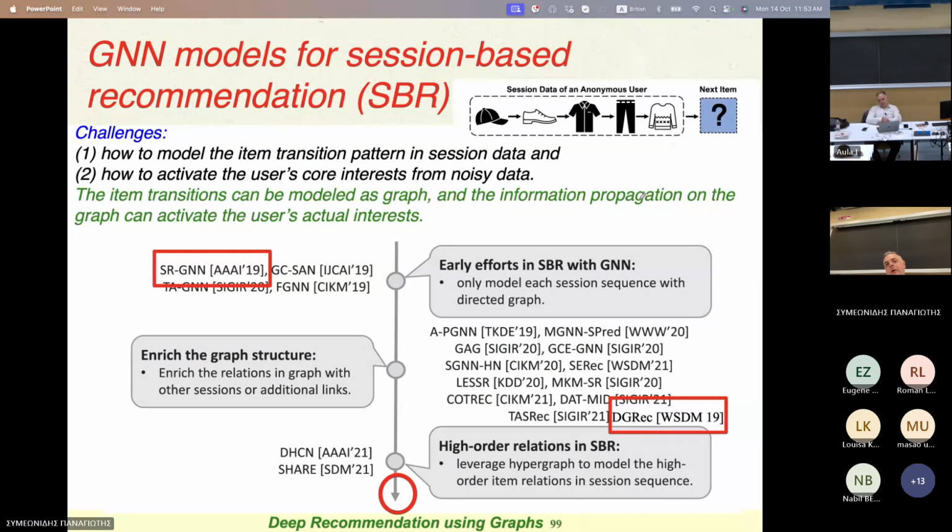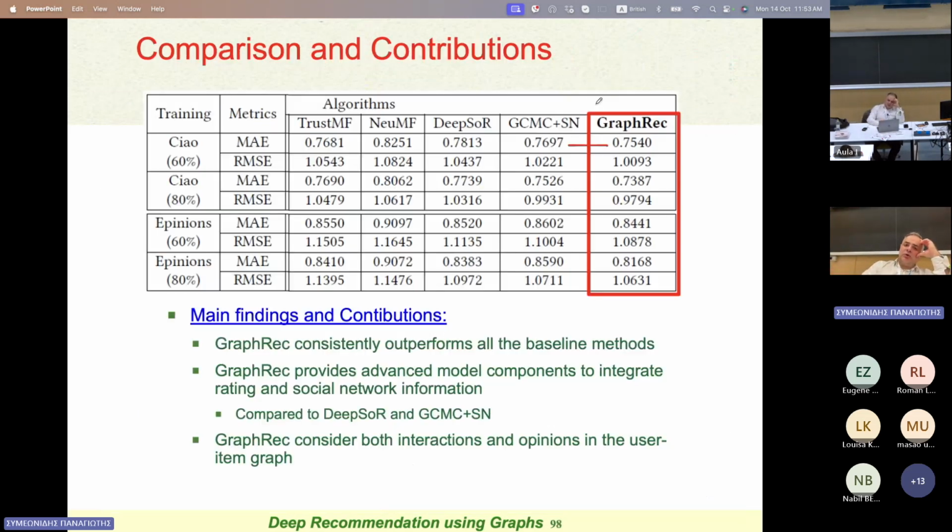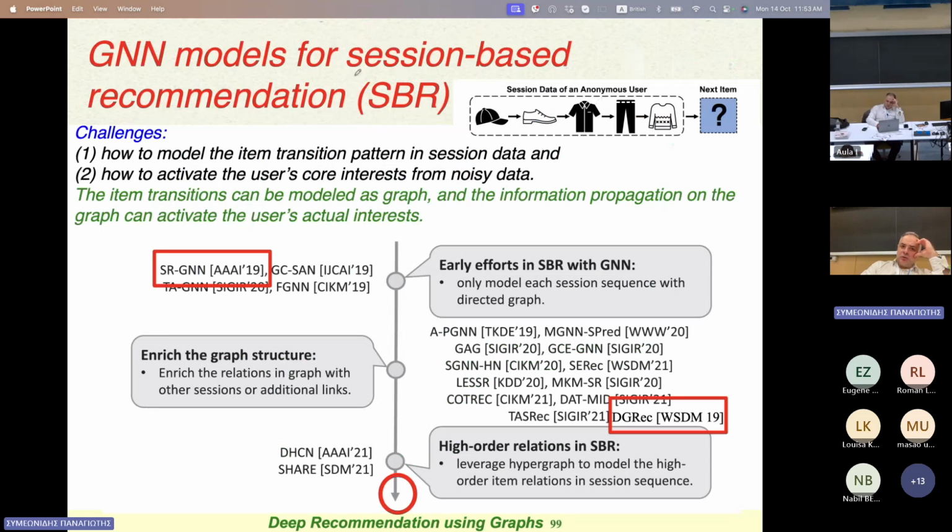So this was a family of algorithms in the social recommendation, and now we proceed with another family of algorithms which are related to session-based recommendations. In session-based recommendations, the main idea is that we work with the data of a user session.